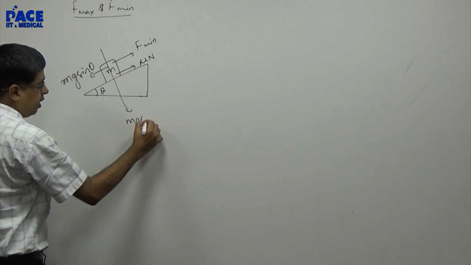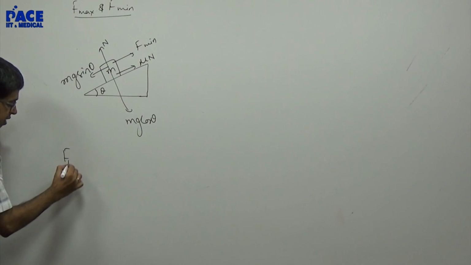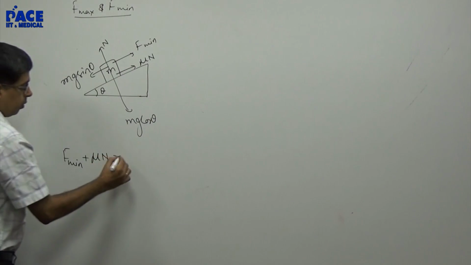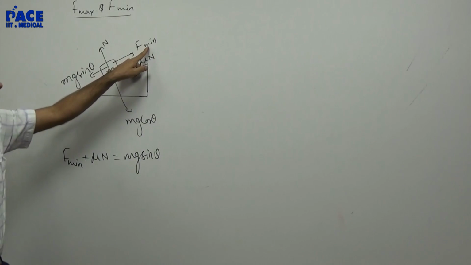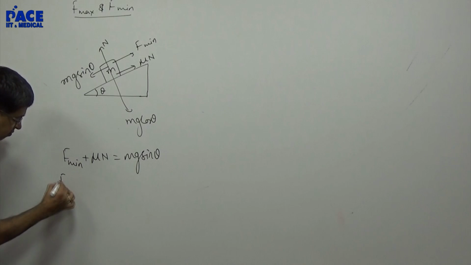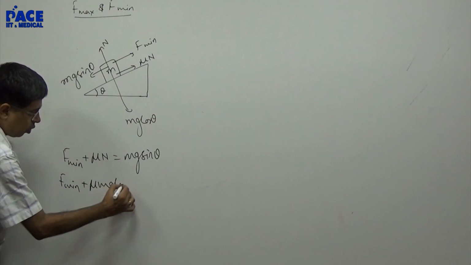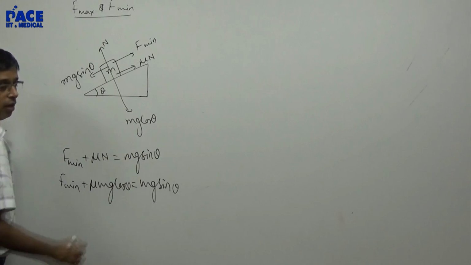This is mg cos theta. This is N. F minimum plus mu N will be equal to mg sin theta. This is the minimum force, right? F minimum plus mu mg cos theta is mg sin theta.